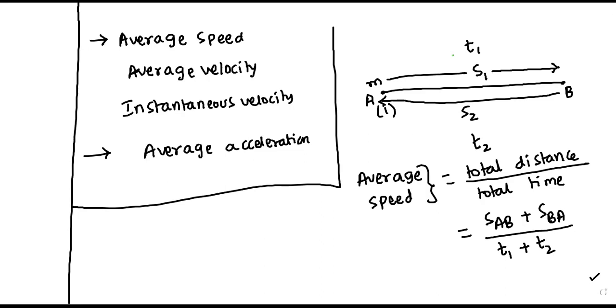So distance traveled from A to B, I can write as S1 and B to A as S2. So S1 plus S2 by T1 plus T2. Average speed is this one.